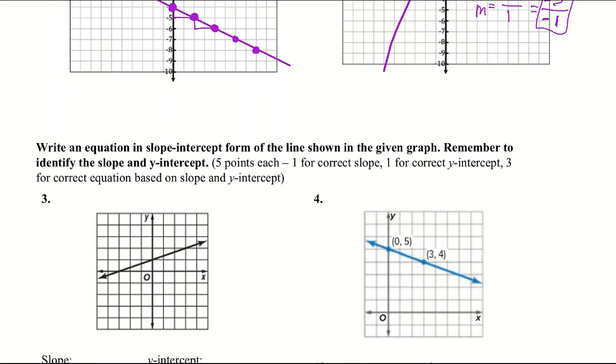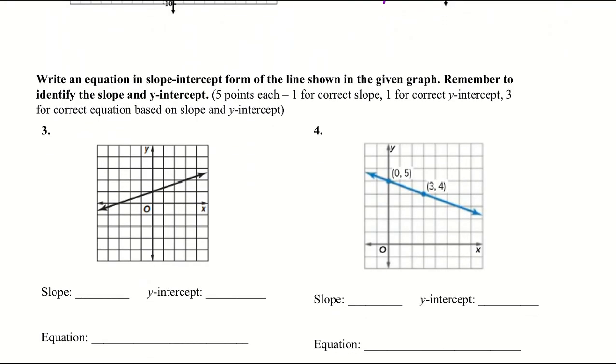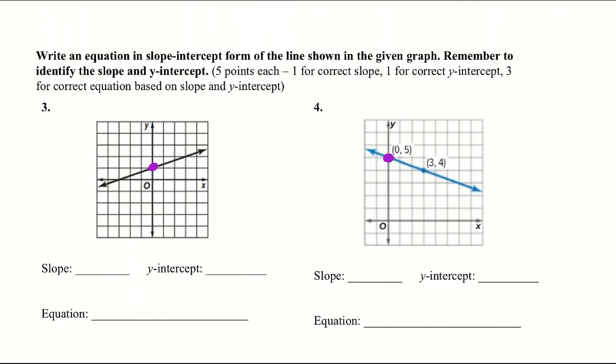Numbers 3 and 4 ask us to find the correct slope, y-intercept, and equation. The y-intercepts for both of these are the points that lie on the y-axis, where our lines cross it.